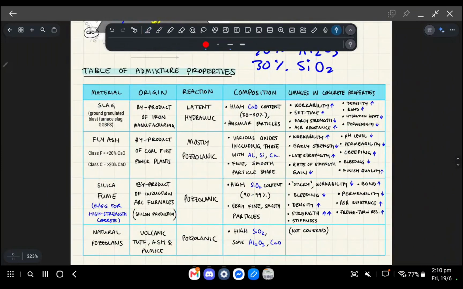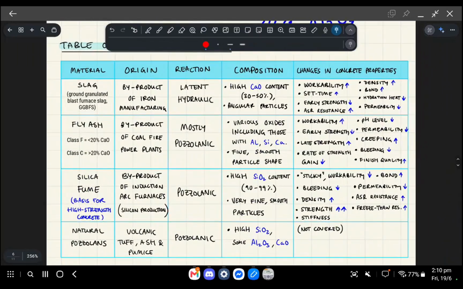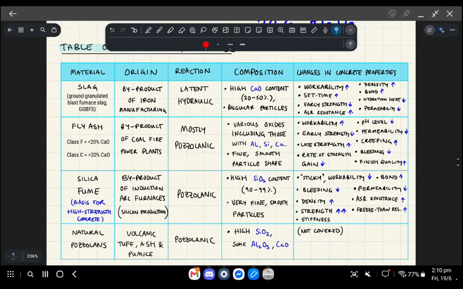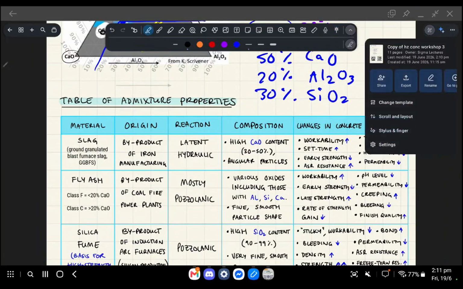So we've got a table of admixtures, and I'll go through their pros and cons. When we say admixtures, we're talking about things that aren't OPC, because OPC is the default.